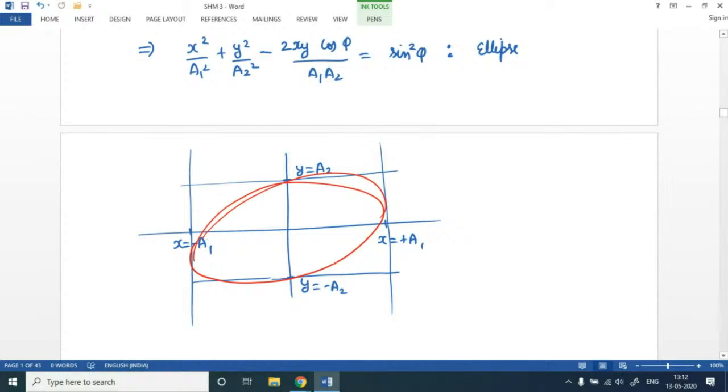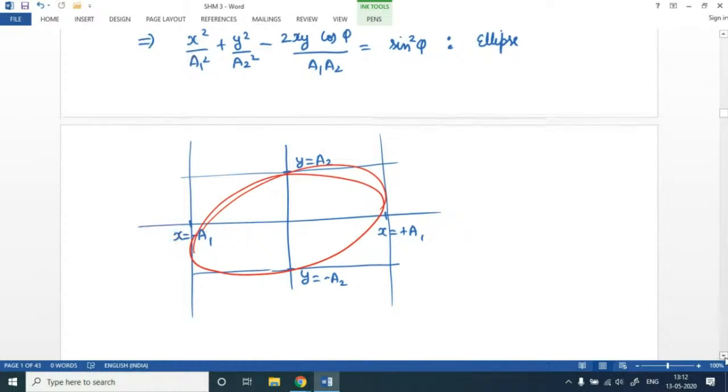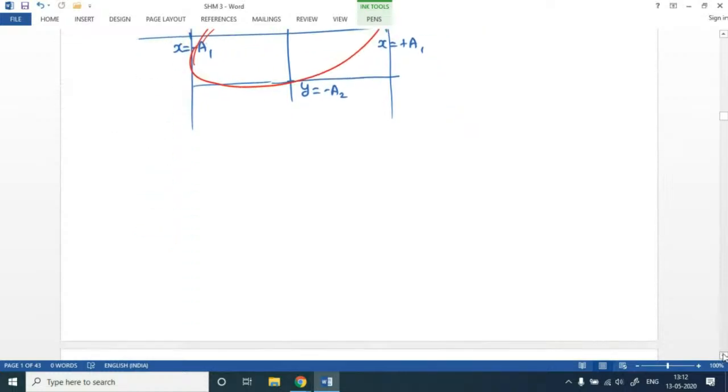Okay, and we can have some sub cases also. For example, let's have one special case. Case 1, when phi is equal to 0.